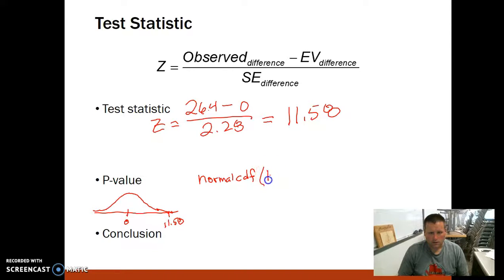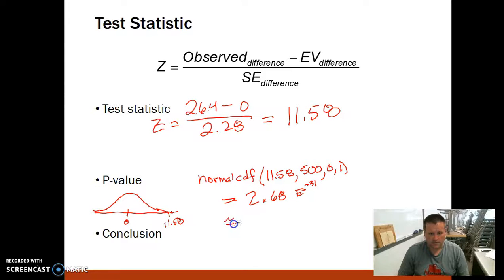We'll go with our left bound, which is 11.58. Big number for the upper bound, we'll go 500. And then 0, our average, and 1, the standard deviation of our normal curve. And again, you're going to get a really funny looking number, like 2.68 e to the negative 31, I think, which remember is going to move that decimal way far.